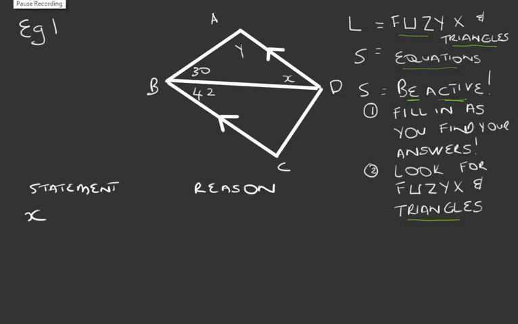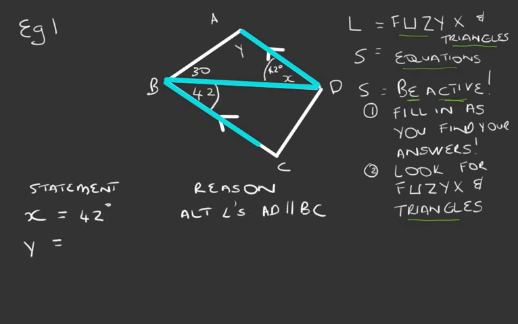So let's have a look and see if you can find x for me. Did you find the z or the n in the drawing? You did. That's awesome. That means that x is equal to 42 degrees. And what would our reason be? Our reason is because the angles are alternate. So remember, we spoke about being active.